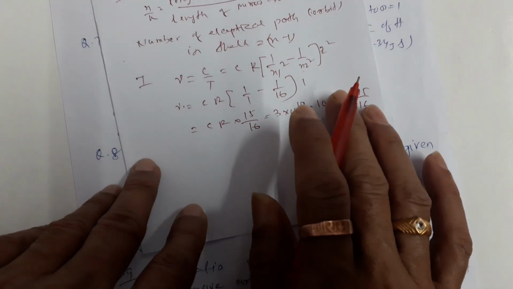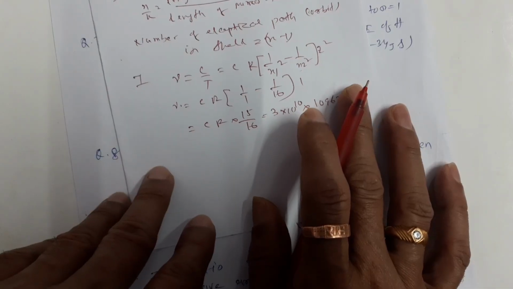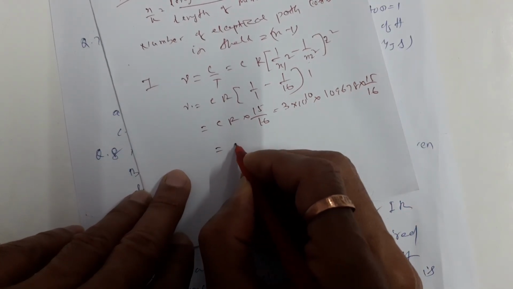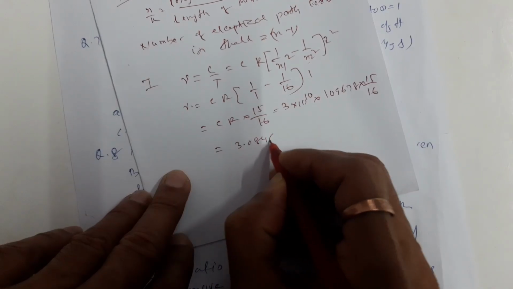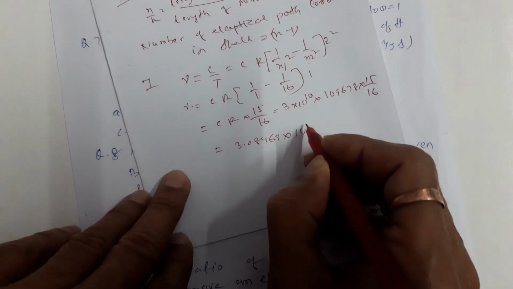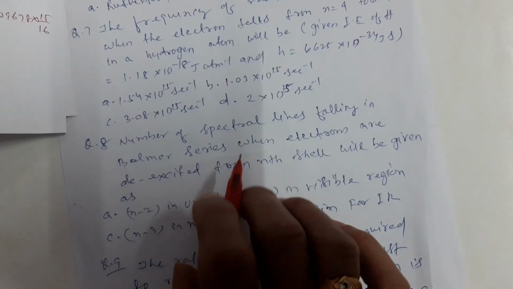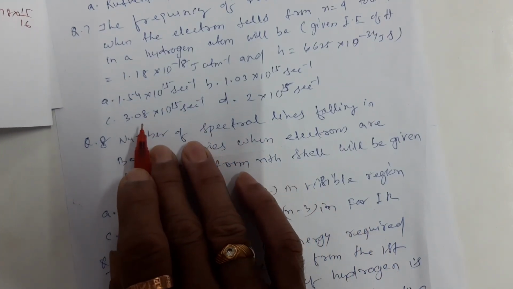Then you will get 3.08469 into 10 to the power 15. So choice C is the correct answer.